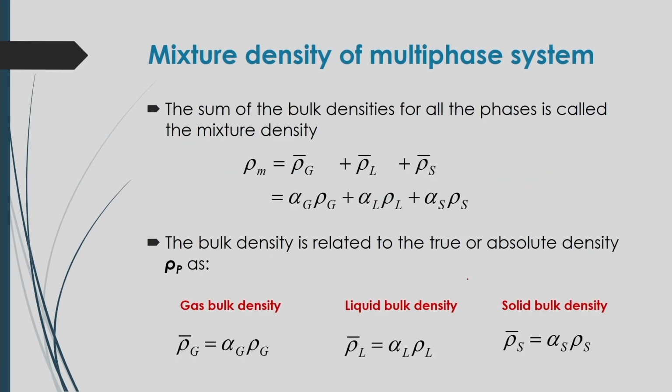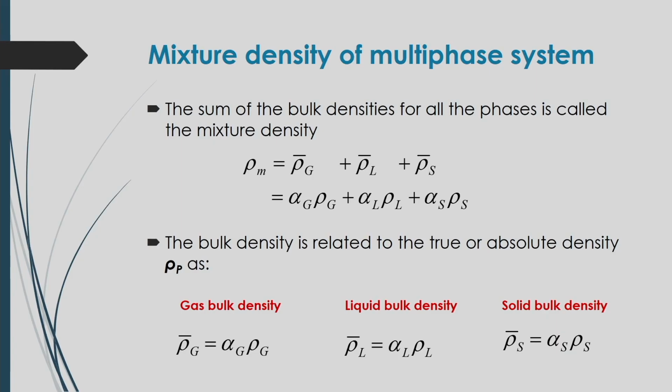Similarly, you can calculate the mixture density of multi-phase systems. The sum of the bulk density for all the phases is called mixture density, and it is denoted by rho m.